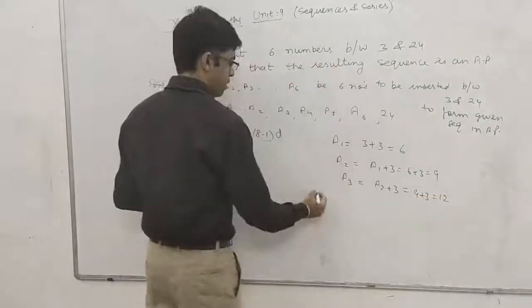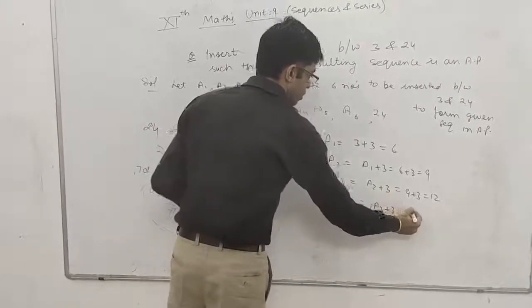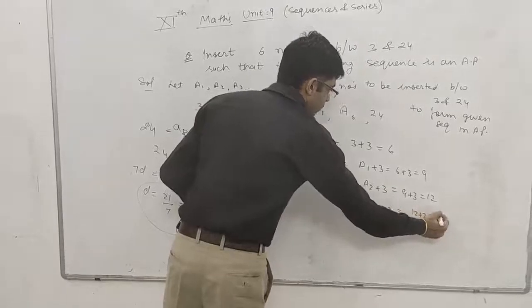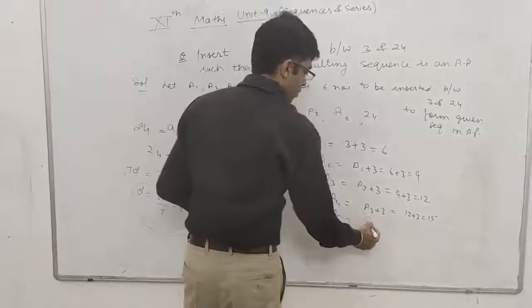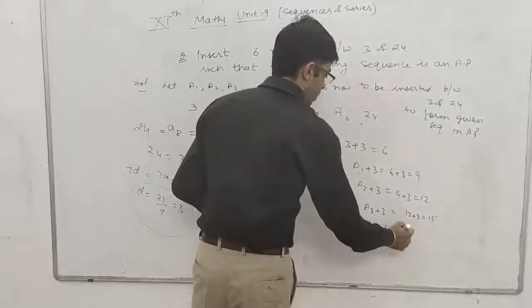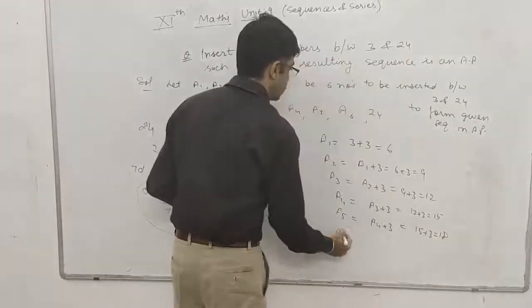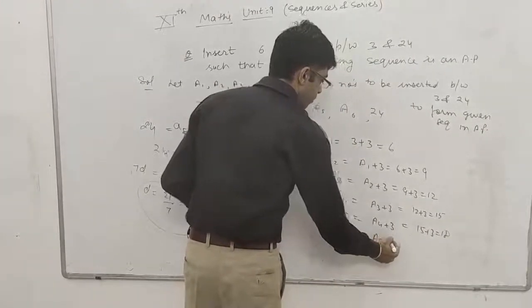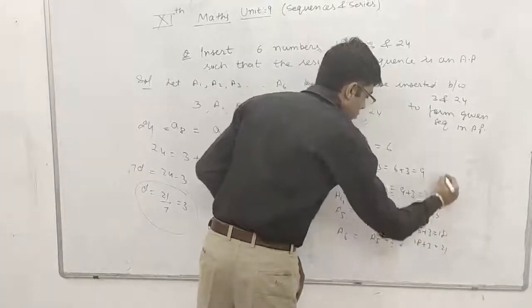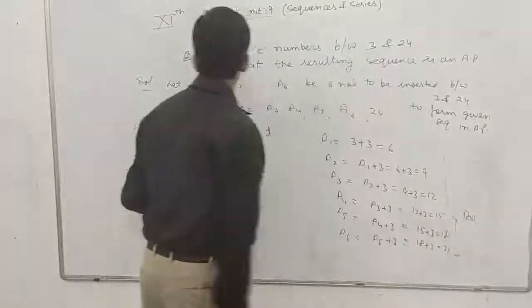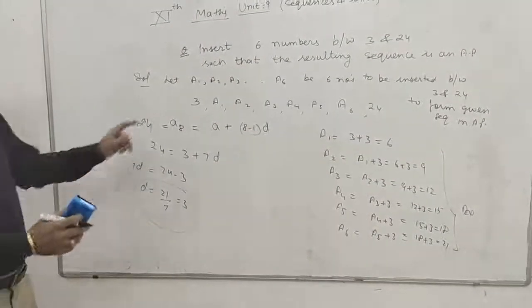So we can write a4 is a3 plus 3, 12 plus 3, 15. a5 is a4 plus 3, 15 plus 3 is equal to 18. a6 is a5 plus 3, 18 plus 3 is equal to 21. So this is our final answer. We have found 6 numbers so that these 6 numbers were added.